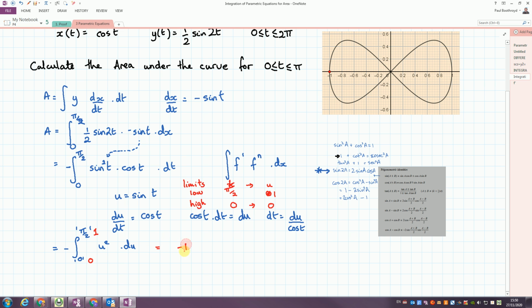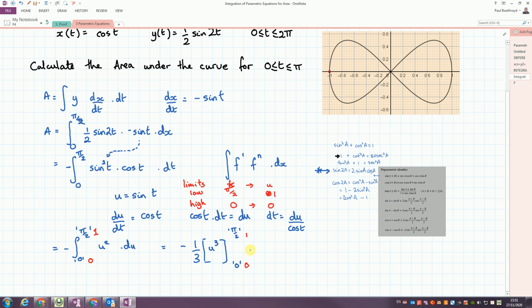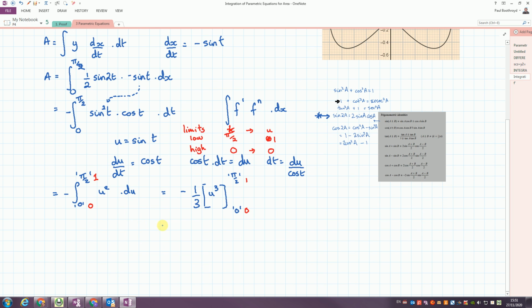So we've now got minus 1/3 u cubed evaluated from what should be 0 to 1. Replacing that into the t form, minus 1 over 3 sine cubed t evaluated from 0 to pi over 2.